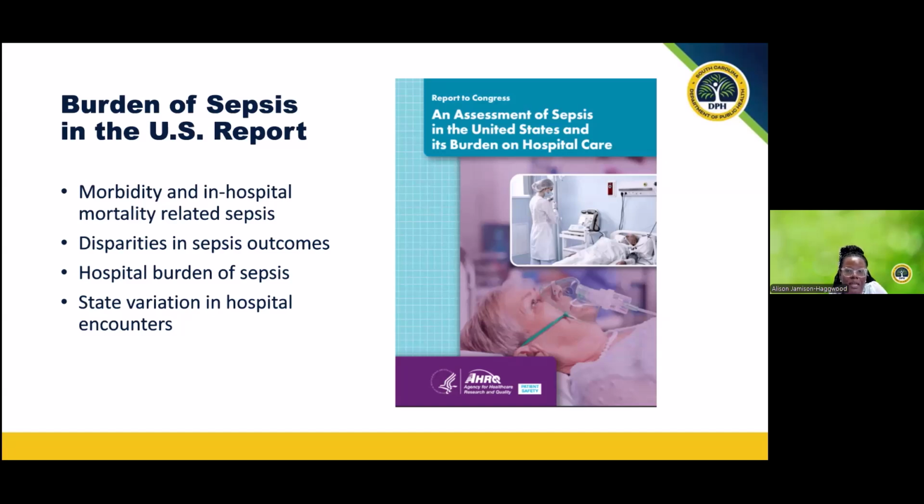So there's no gold standard of how you identify sepsis. Due to the increase in concern about sepsis-related hospital use and outcomes, federal and state agencies, along with some non-governmental organizations, have invested in surveillance and quality improvement efforts to enhance the use of evidence-based practices in sepsis care and to monitor sepsis morbidity and mortality over time.